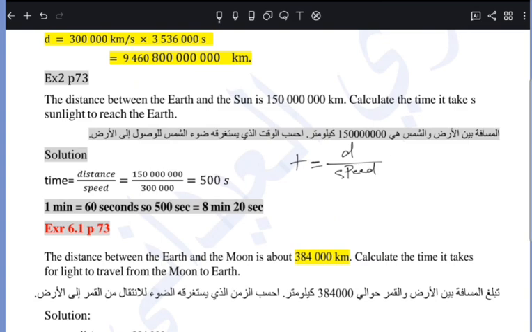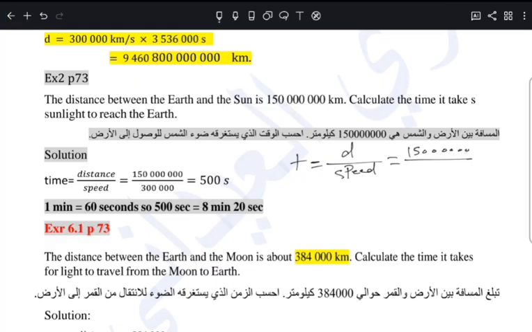Now this distance gives me 150 million over 300,000. 150 million divided by 300,000.